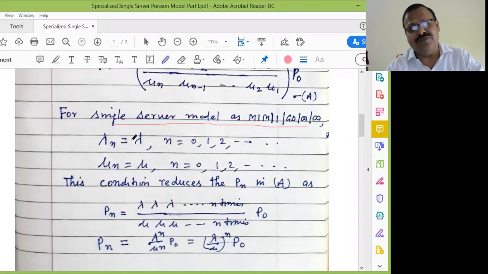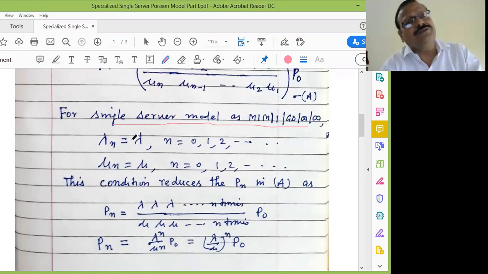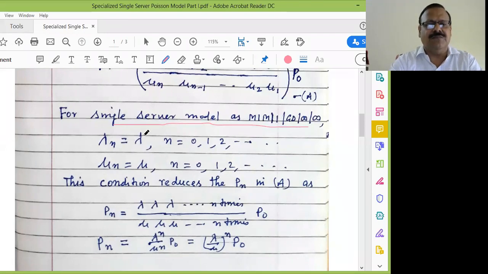Mu n was the service rate, provided the system has n customers. Now this lambda n has become a particular value lambda, and mu n has become mu.